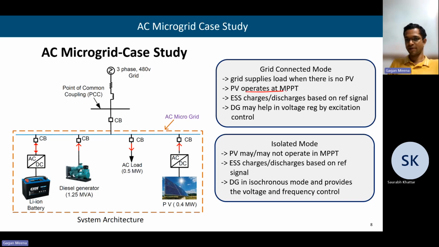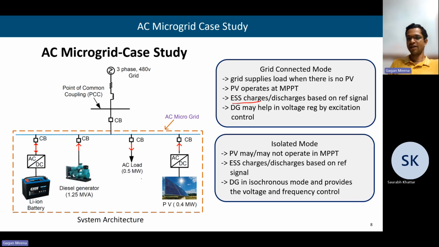And here PV operates at its maximum power point, because even if battery plus diesel generator plus PV is more than 0.5 megawatt, then the excess generation from PV can be sent to the grid. PV operates at the maximum power point.